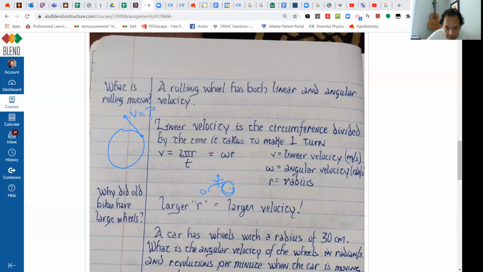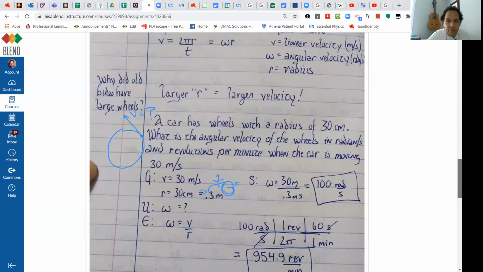The bigger the radius, the bigger the velocity. So that makes sense that they would want a big wheel if they didn't have gears back then. If you had a big wheel, you could go faster with less effort, which is the reason they had large wheels. But then we invented gears, right? And now we don't need such big wheels.